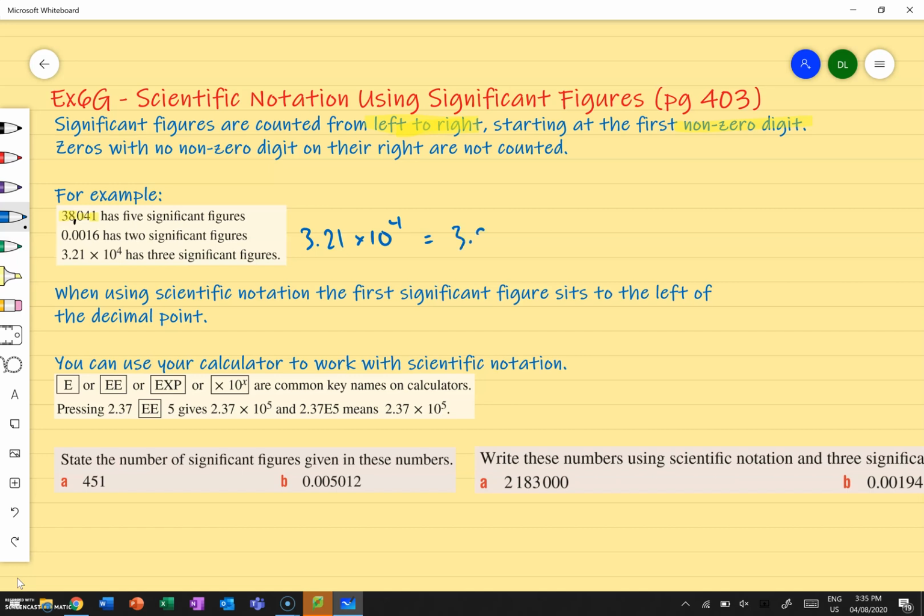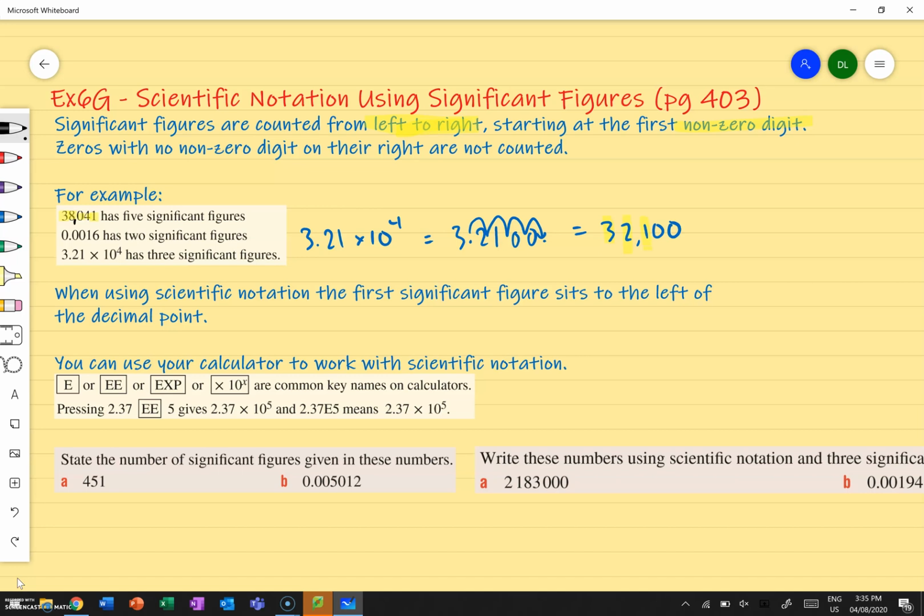So 3.21, I'm going 1, 2, 3, 4. I'm filling in the spaces with zeros and end up with my new decimal point here, and that means that my value is 32,100. So you can see that from left to right, I've got my first non-zero digit being 3, and then I've got 2 and 1, and the rest of them are 0, so I don't count them, and I have 3 significant figures.